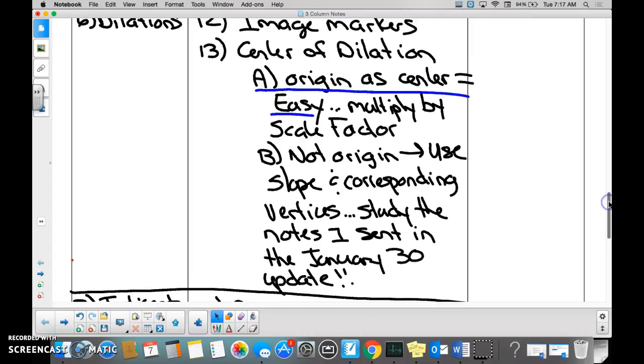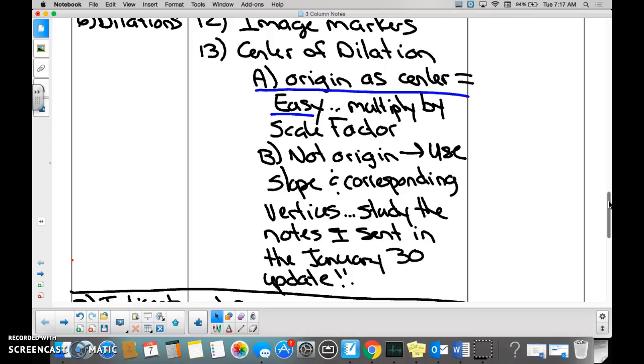And study the notes I sent in the January 30th update. Okay, the January 30th update gives you the exact process. Many of you said once you read that update, you were able to calculate the center of dilation much more easily.